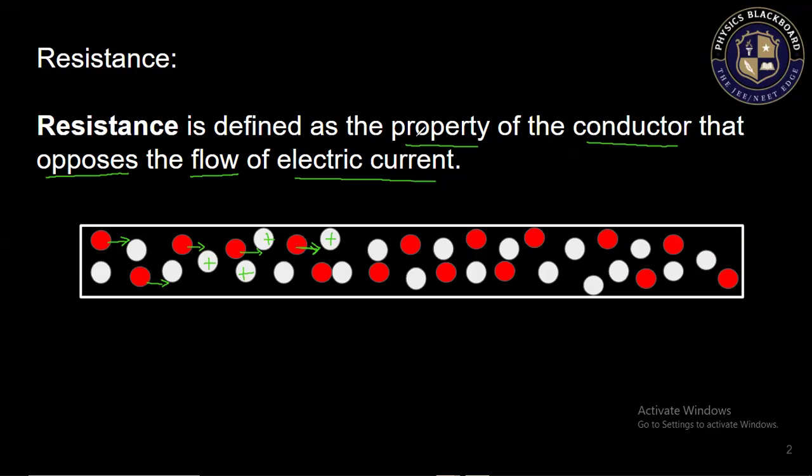So every conductor or every electrical resistor will have this property, that is resistance. So we can say that resistance is an electrical property of a conductor which opposes or obstructs the flow of electric current. We call this property resistance. Okay?